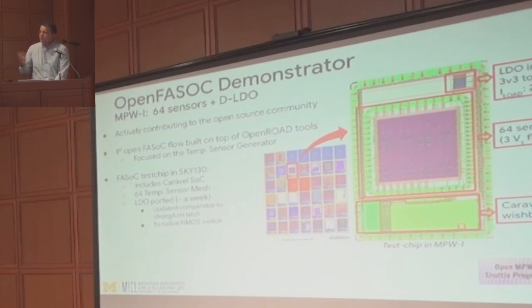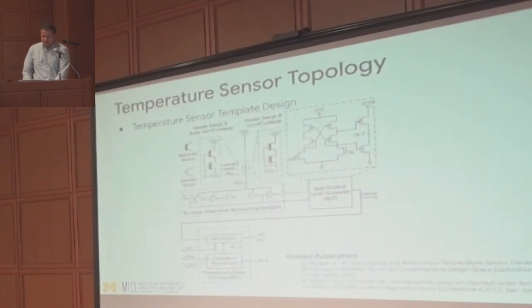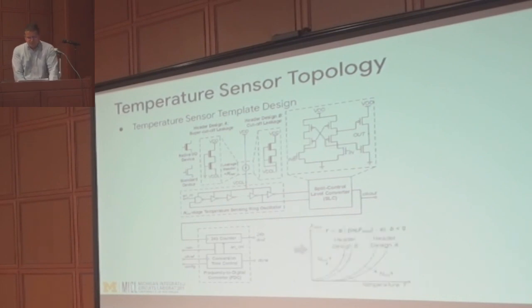So these are multiple flavors of the sensor, and we use a low power leakage-based digital sensor as a template for the generator framework, which is based on a design published at ISSCC 2016. The sensing element, which is the ring oscillator here, is in subthreshold and employs leakage-based temperature dependency, where the temperature is inversely proportional to the oscillator frequency.